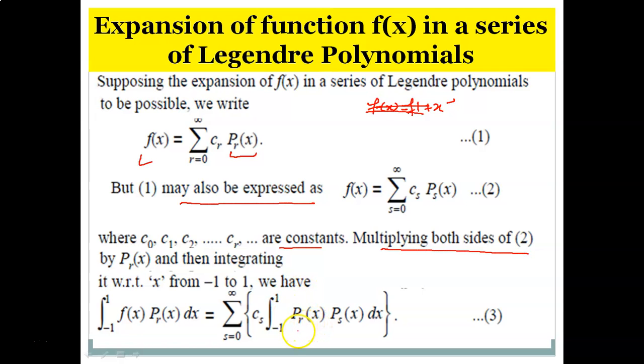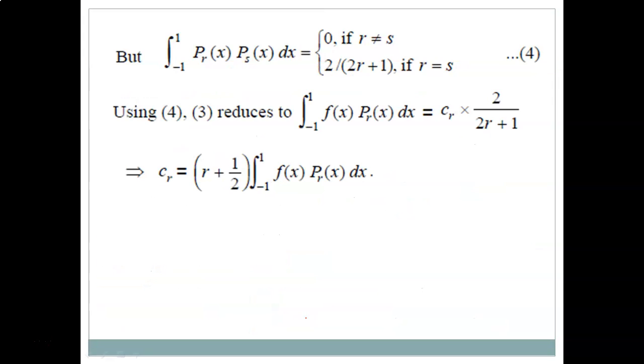But from the orthogonal property, you know that for P_r and P_s, if both are equal then we have some value. If they are unequal, the value comes out to be 0. We have already established this in the earlier lecture. So the integral from -1 to 1 is 0 when r is not equal to s, and equal to this when r equals s.